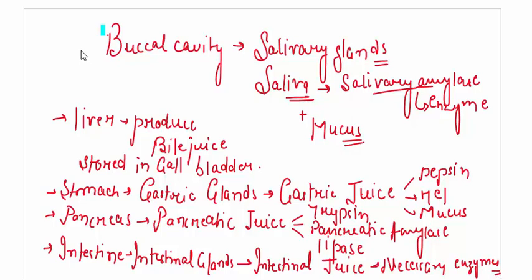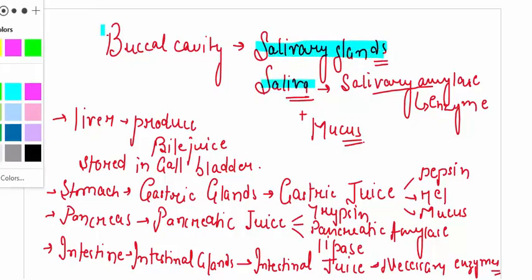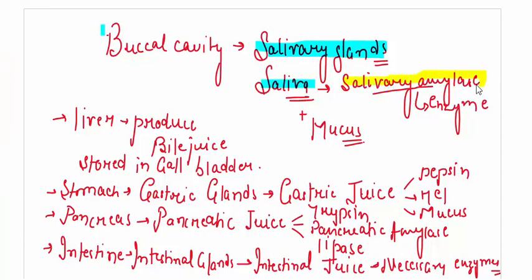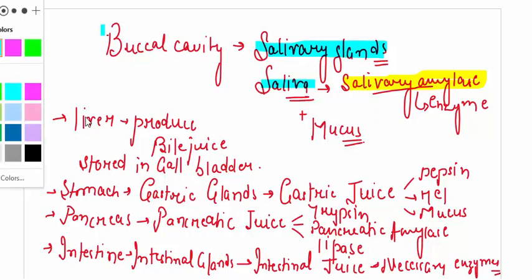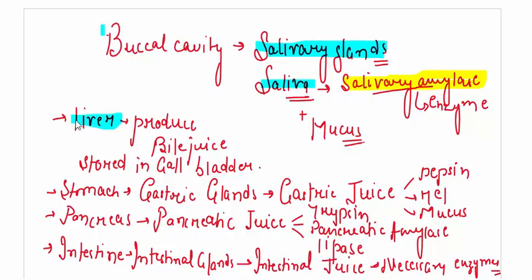So these are the secretions which you have to consider. In the buccal cavity, salivary glands are present which secrete the saliva. Saliva has the enzyme called salivary amylase along with the mucus. Next, you will consider the liver. The liver is the largest gland of the body. It produces bile juice.